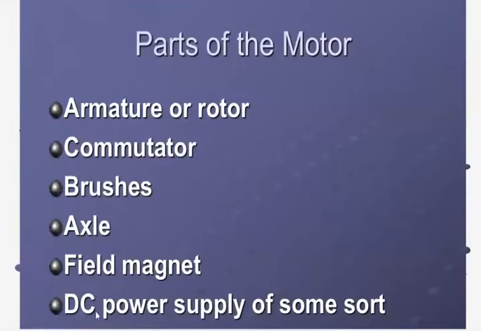And we supply DC power to such arrangement, then this electric motor is called DC motor. But for AC motor, we have to change commutator, and everything will remain same. Only commutator has to be changed.